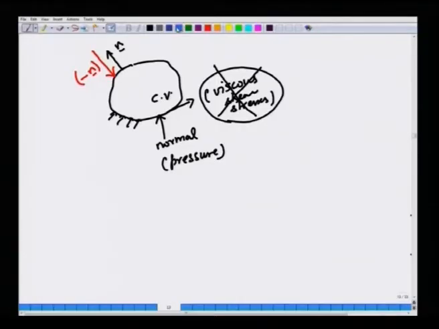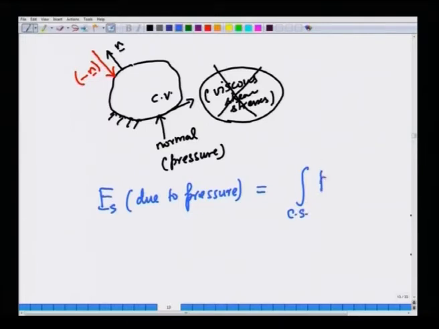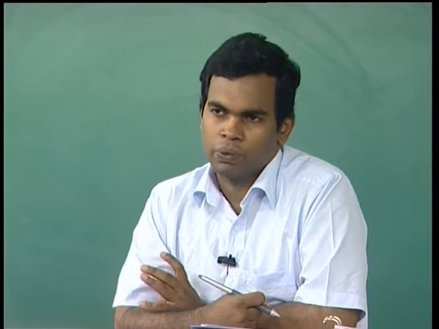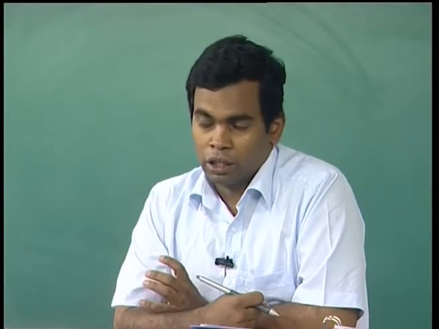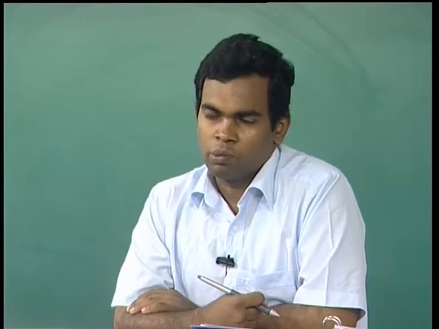If you want to write an expression for the surface force due to pressure, all you have to do is write the integral over the control surface of p times minus n dA. Pressure is just a scalar number, the magnitude of the force that acts compressively and tends to compress a given volume element.